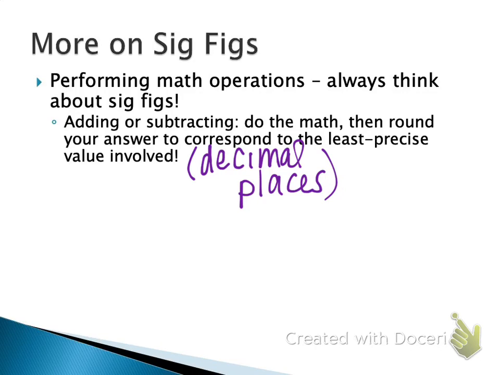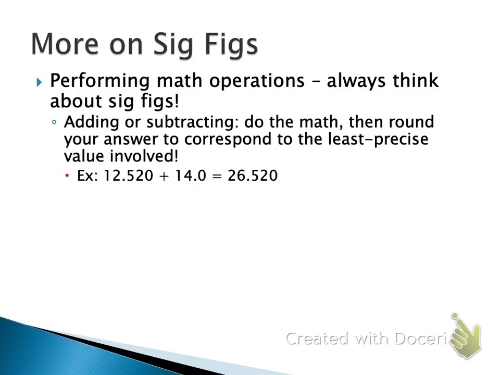Okay? So if I was going to do this problem, which I already did the math for you, 12.520 plus 14.0 gives us this raw value. That's the raw answer. If I have to round my answer to the least precise value involved, which one is least precise, 14.0 or 12.520? 14.0, which means my answer can have how many decimal places? 1.